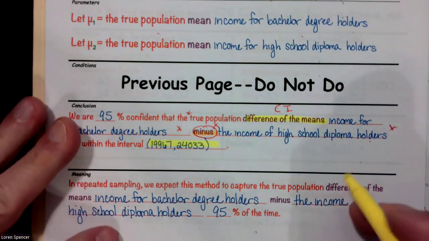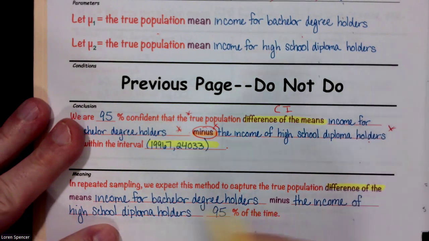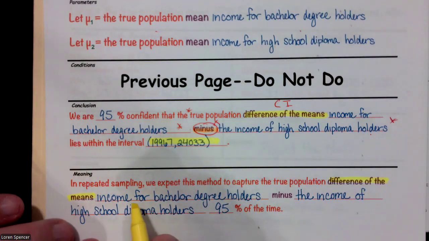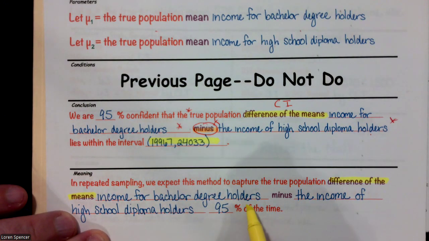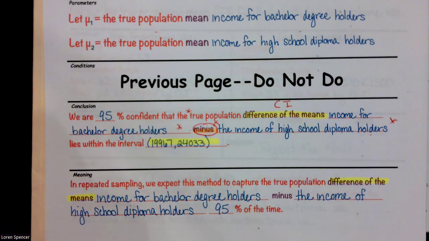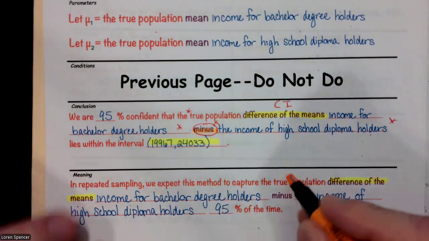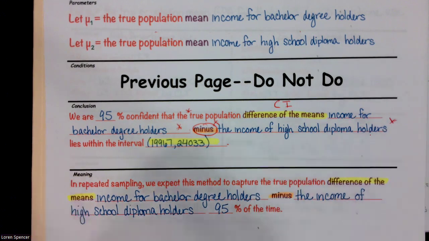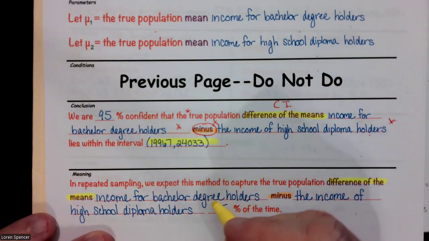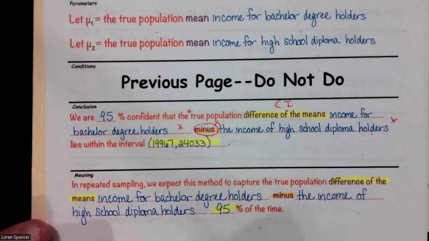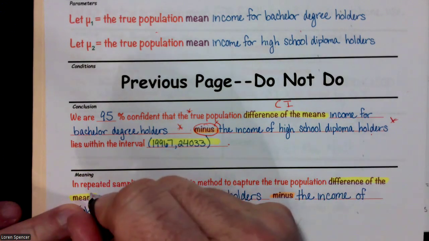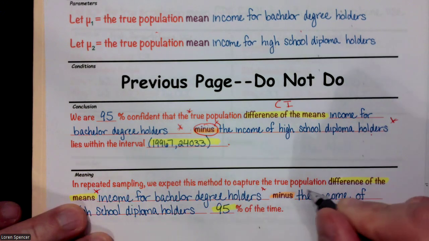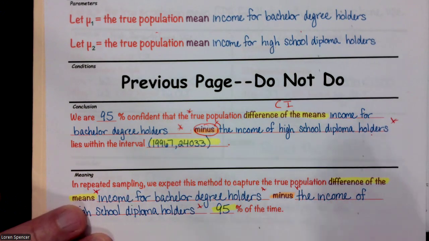Once again, for confidence intervals, you have to include the difference of the means in income for bachelor degrees holder minus, once again, the minus we just talked about, the income of high school diploma holders 95% of the time. Well, this was the confidence level we used right here. So we used that earlier. That's what they asked for. And as we said before, this is the definition of parameter one, and this is the definition of parameter two.